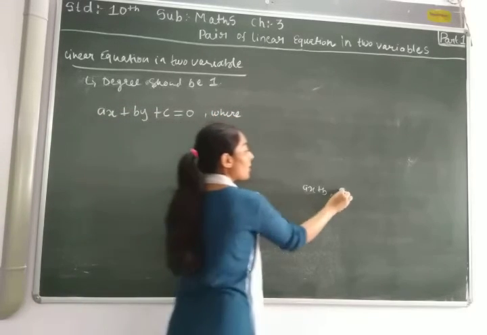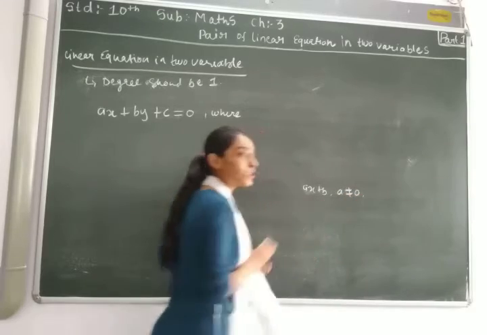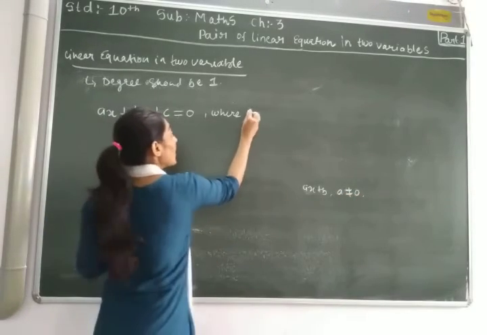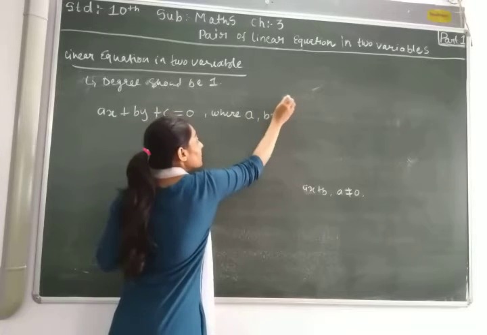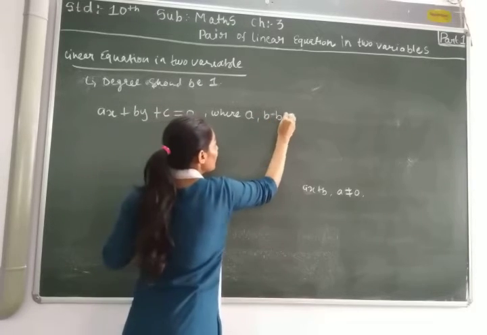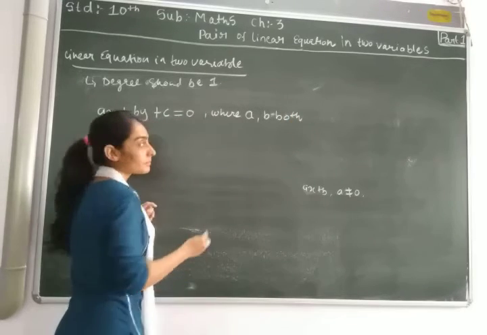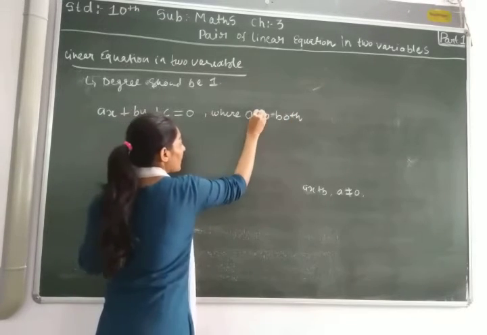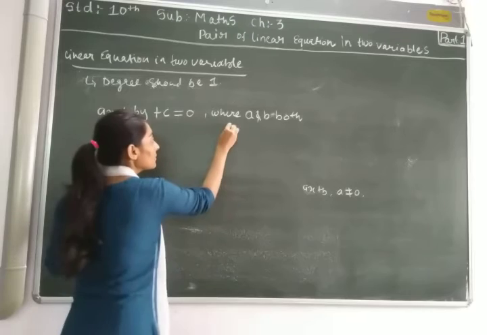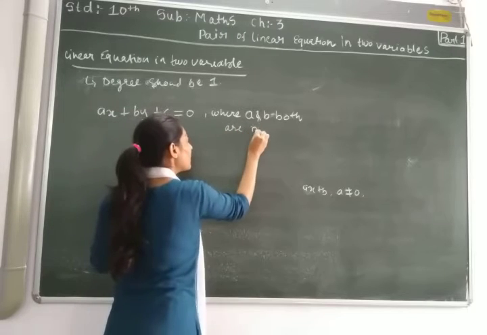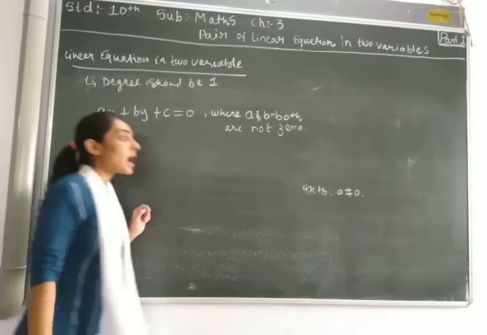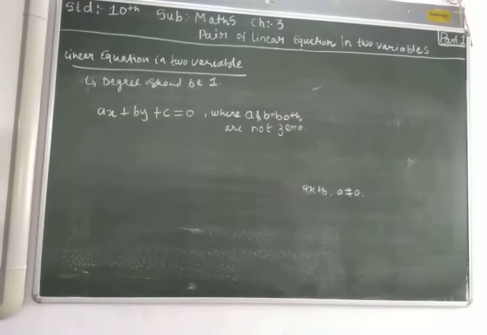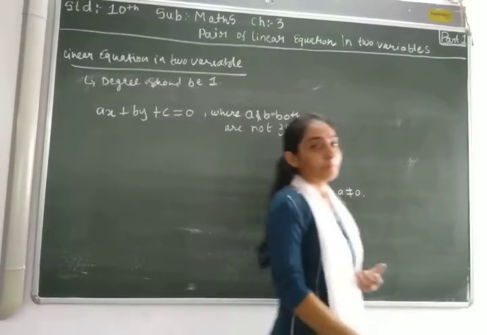What is the condition here? a is not equal to 0, and a and b both are not 0.